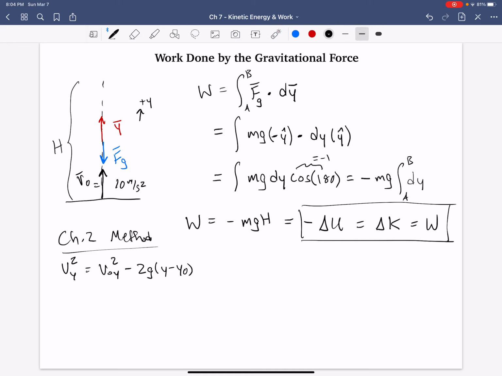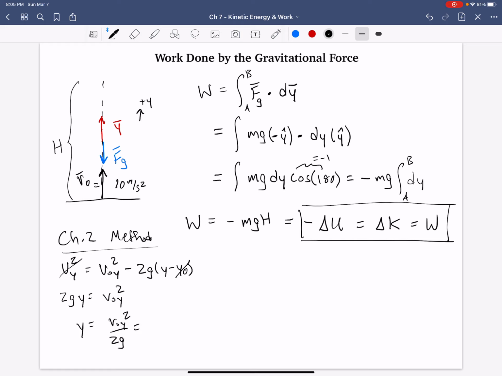And so what can cancel out? Well, if we start at the ground, that's 0. And if it goes up to its apex, the maximum height, the final vertical speed is also 0. And so what we have is 2gy equals v naught y squared, and y equals v naught y squared over 2g.